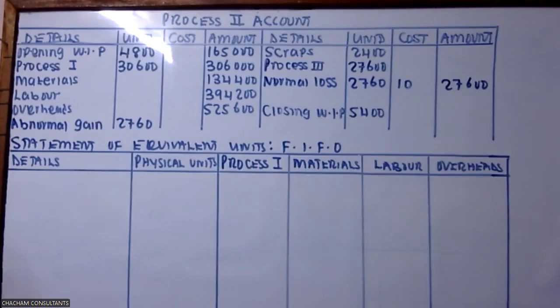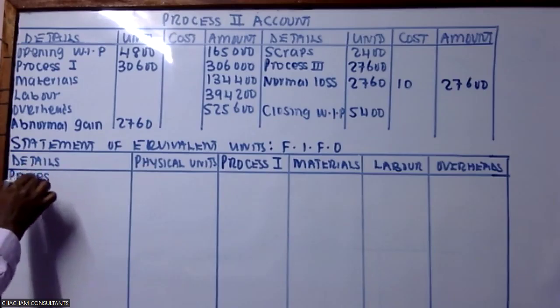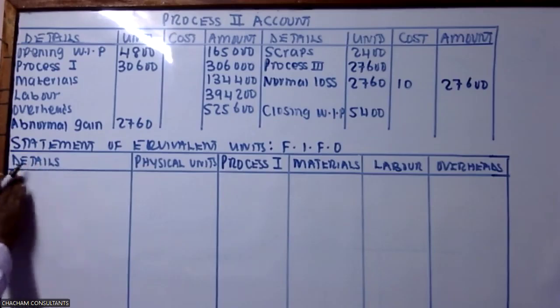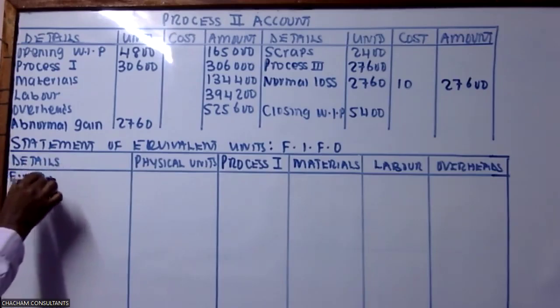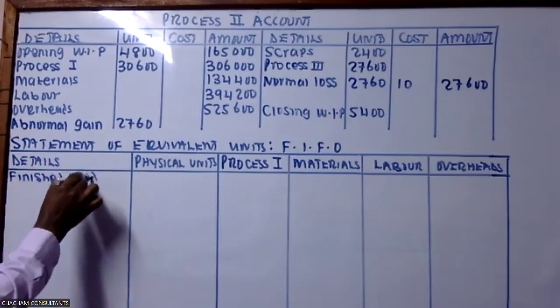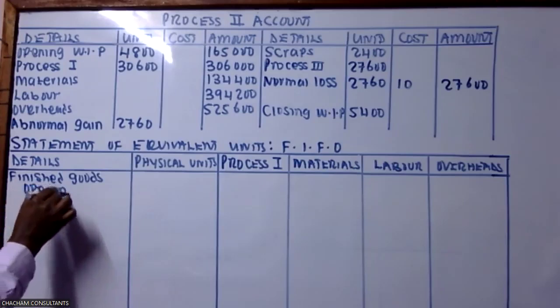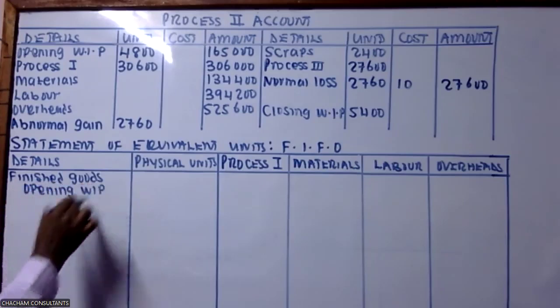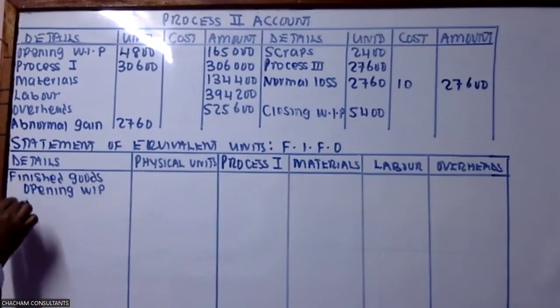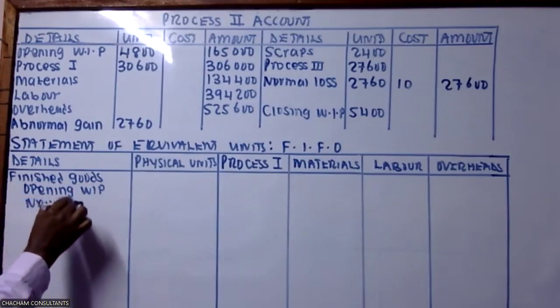So if they don't have the unit costs, we start with process 3. Actually, let me use the common name that will be used everywhere, finished goods. Now, finished goods is broken into two. There is what we call opening work in progress, and then new inputs.